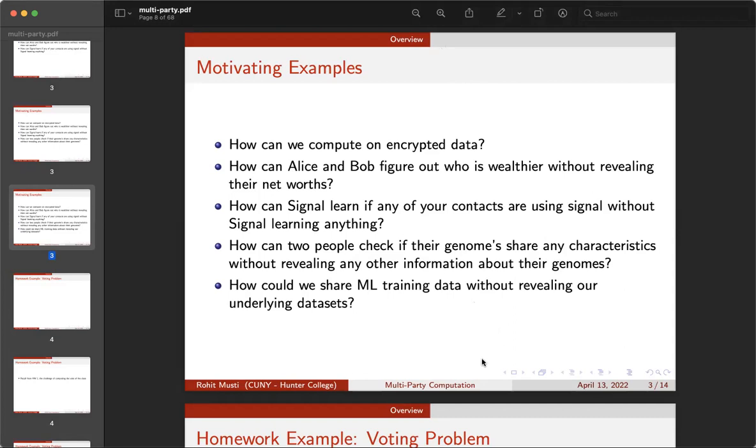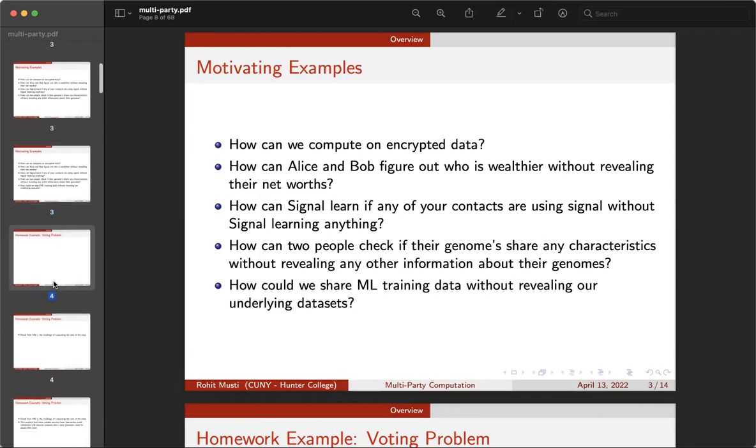Okay, so people are feeling pretty confident in understanding multi-party computation. I don't see any other questions in the chat or any other hands raised. So we're going to continue on with our discussion of multi-party computation.